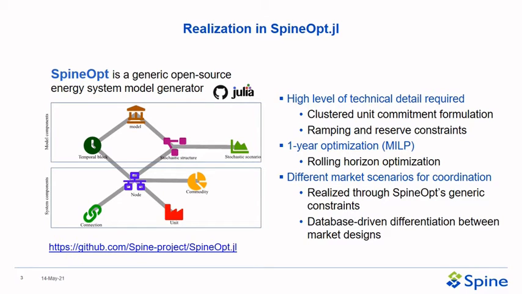So we use a clustered unit commitment formulation. We integrate ramping and reserve constraints. As the problem is rather computationally intensive as a one-year mixed integer linear problem, we're using a rolling horizon optimization. And we realize those different market scenarios through the generic constraints within Spinopt and use data-driven differentiation between those market designs.